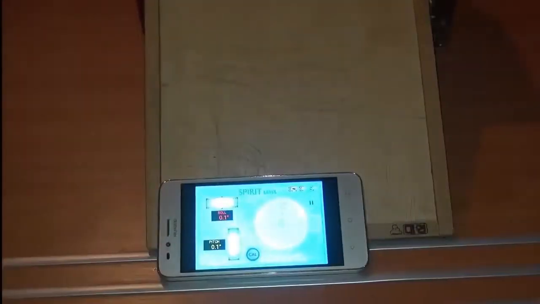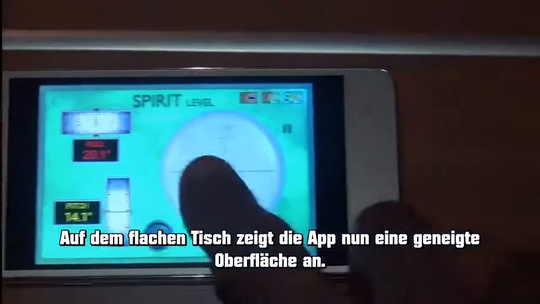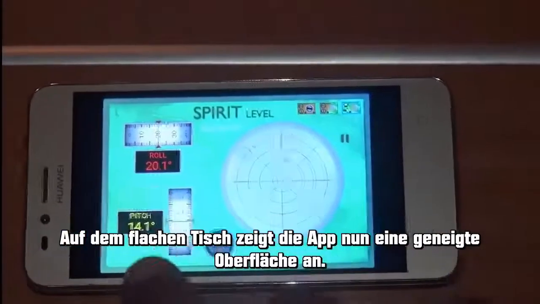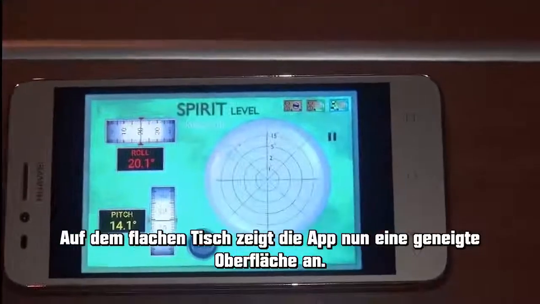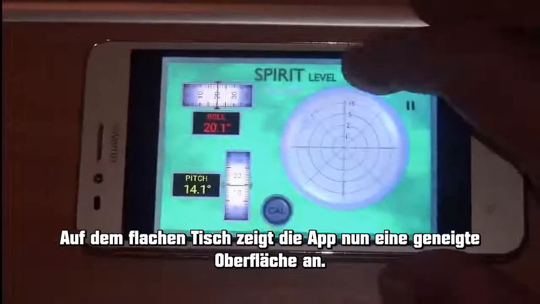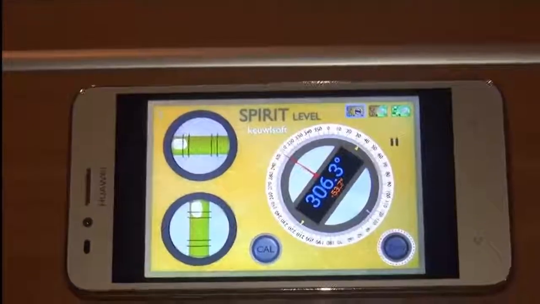Okay, so it now believes that this is level, and when we put it on the flat table, it believes that there's the bubble over there, and the roll is 20 and the pitch is 14 degrees.